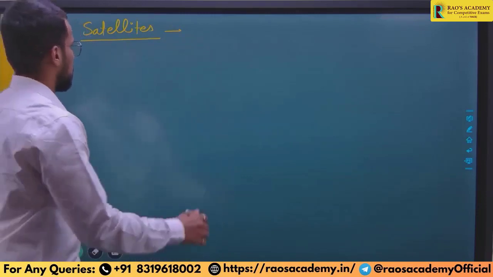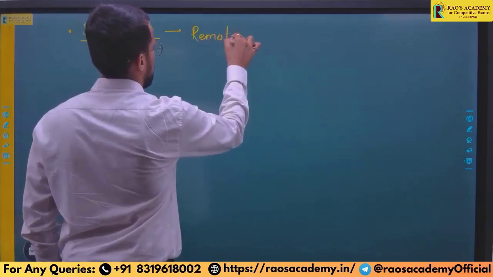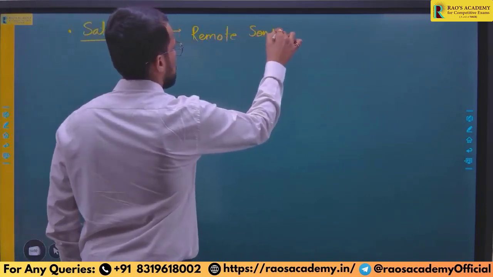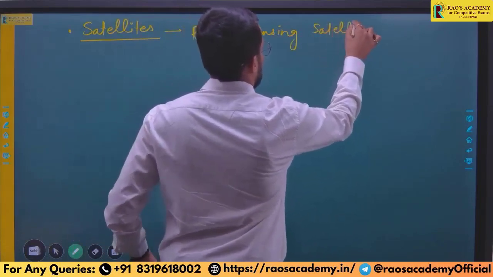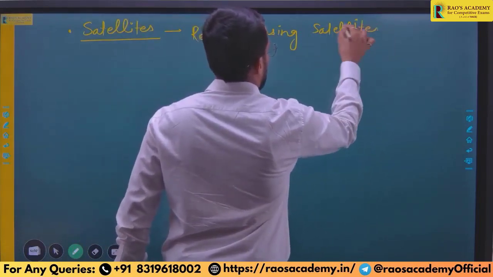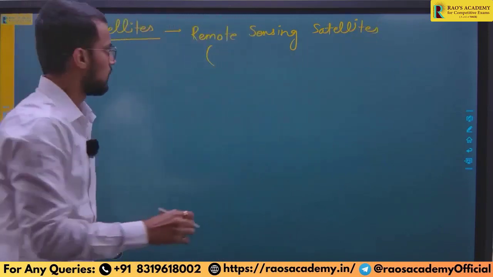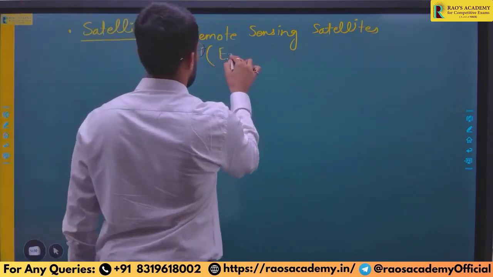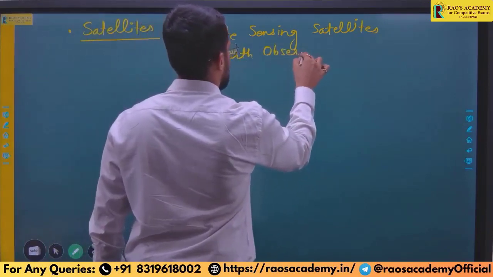First is remote sensing satellites, which are also known as Earth observation satellites.